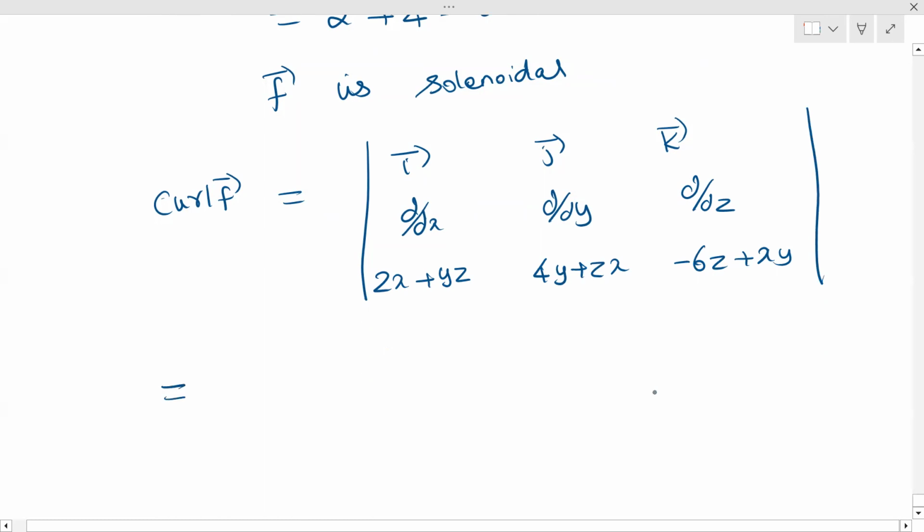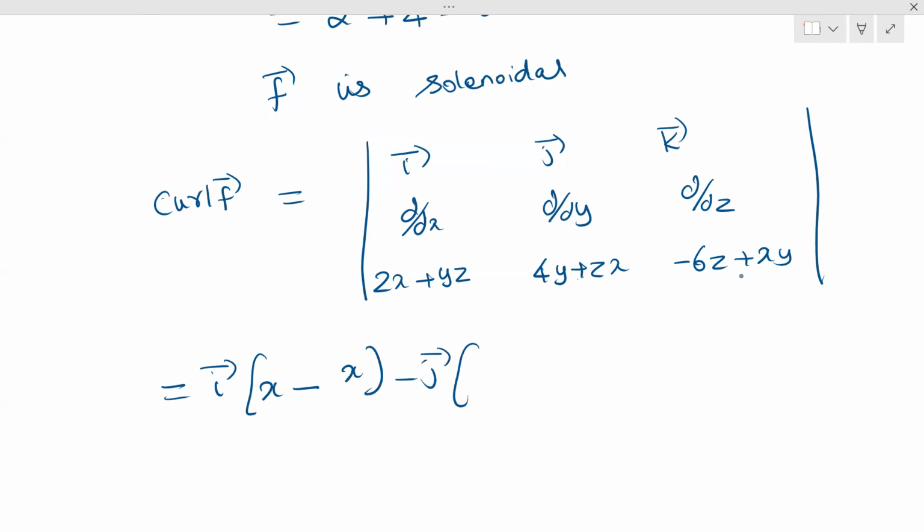When we expand the determinant, i vector into dou by dou y of this one. So what is dou by dou y of this one is x, minus dou by dou z of this one is again x. Minus j vector into dou by dou x of this, which is y, minus dou by dou z of this term.